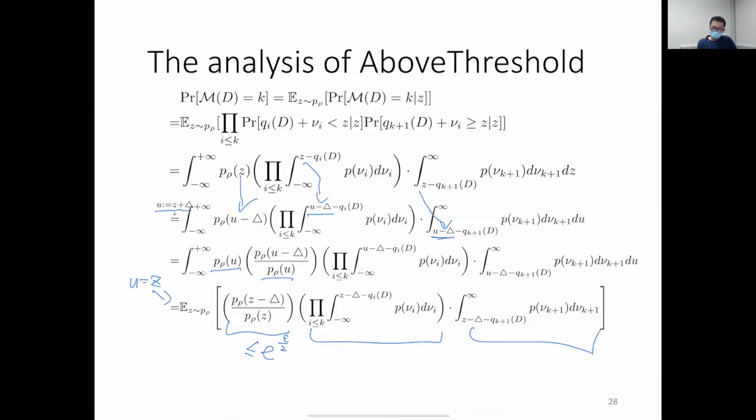For the middle one, this is the most interesting part. Let's say that this is Z minus QID.